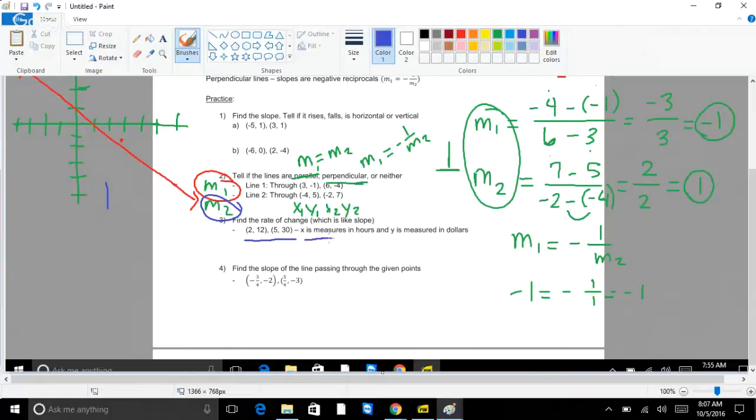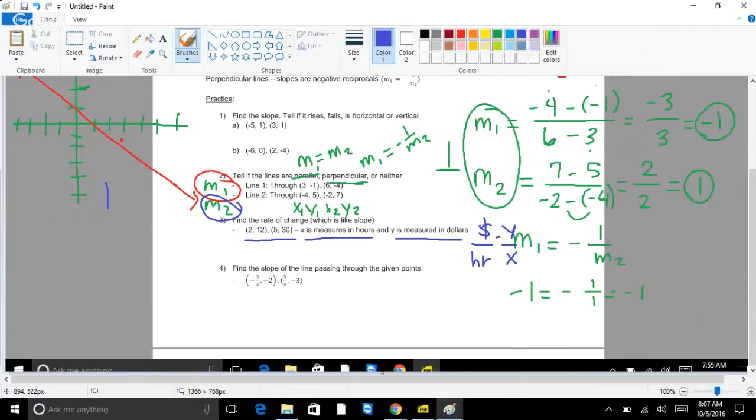And we're saying that X is the measure in hours and Y is the measure of dollars. A lot of times a standard unit of measurement for a rate of change is dollars per hour. You've heard that before? Or we do miles per hour. Well, it just so works out that Y is measured in dollars and X is measured in hours.